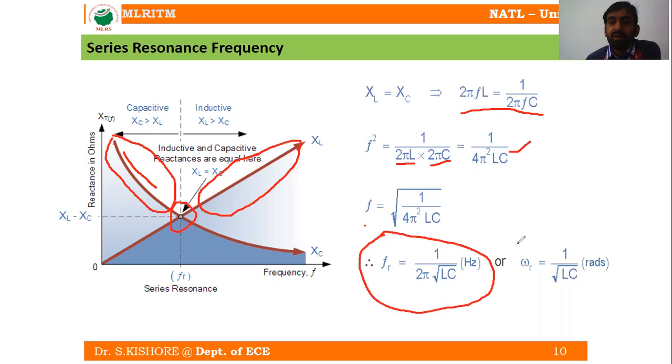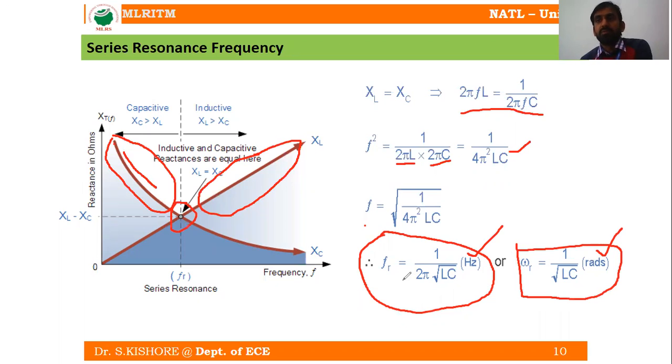We can also write the angular resonance frequency as 1 by root LC. The angular frequency is indicated using radians, and the resonance frequency is indicated using hertz. When you are solving problems, they may give the value of the frequency in radians, or they may give it in hertz.